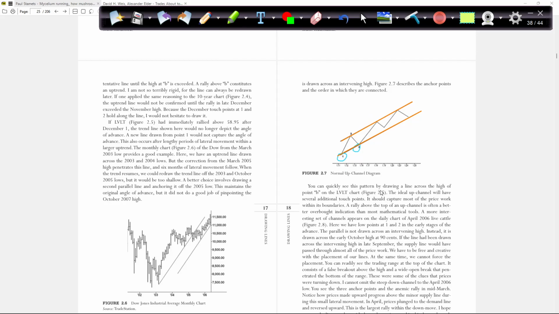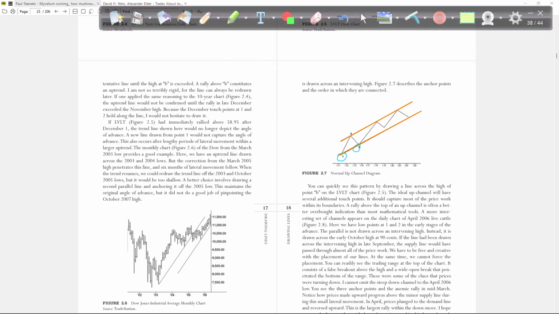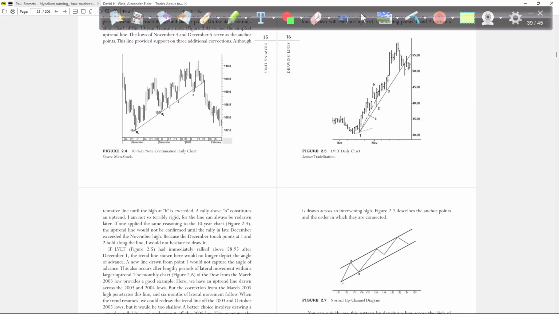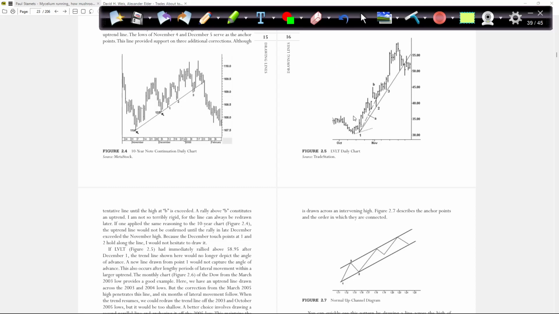You can quickly see this pattern by drawing a line across the high of point B on the LVLT chart, figure 2.5. Let's go and see figure 2.5 then. At B, we draw this line with the same angle of advance from point A1.